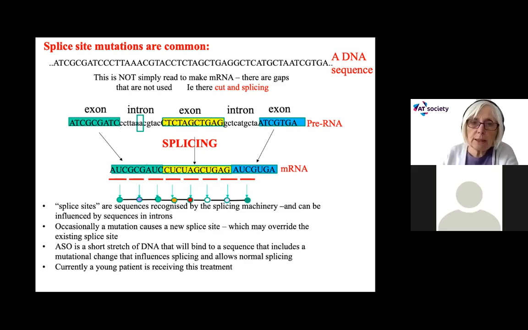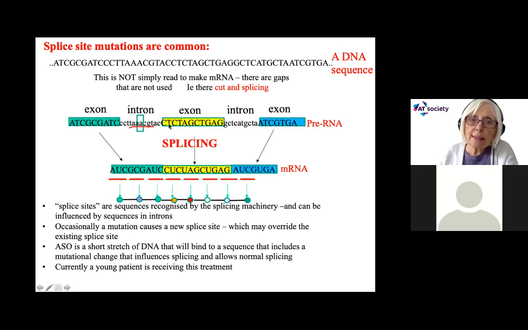So what this approach does is put in something called an antisense oligonucleotide. Basically, this is a little sequence of building blocks that are able to bind to and recognize this sequence here. This is the pre-messenger RNA, so it's before you've done the cut and splicing, and it is single-stranded.